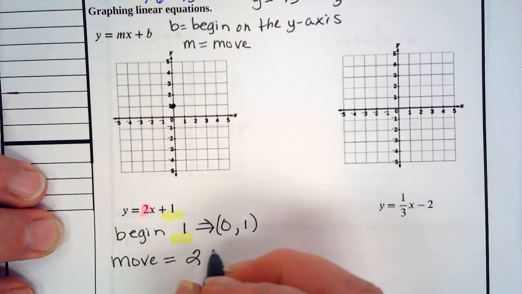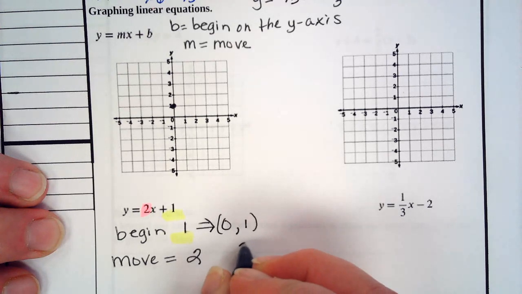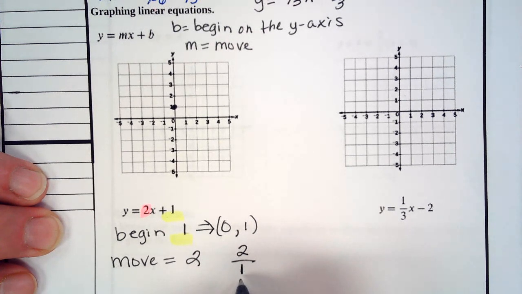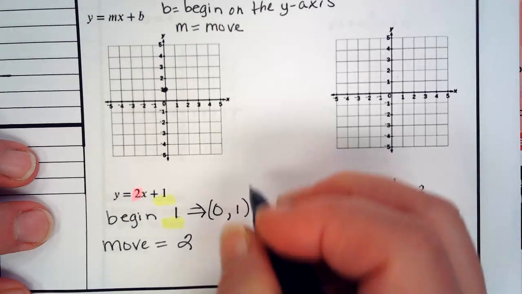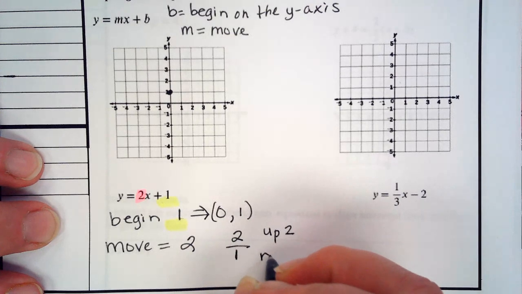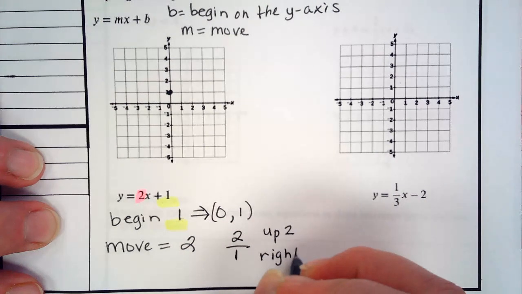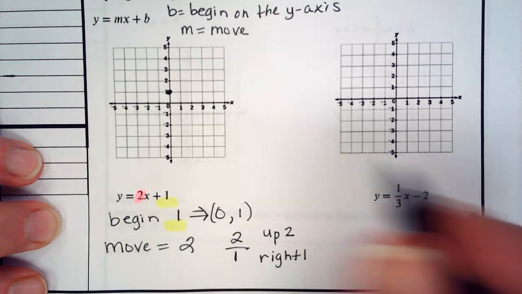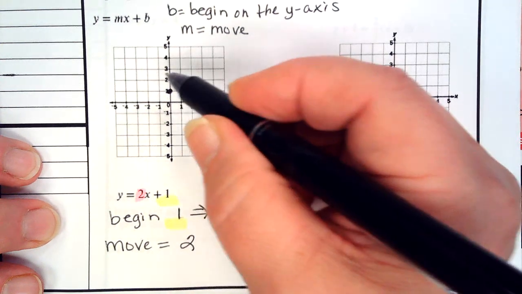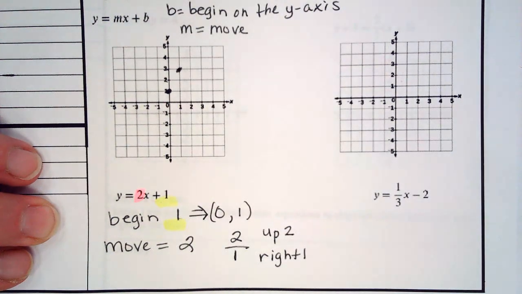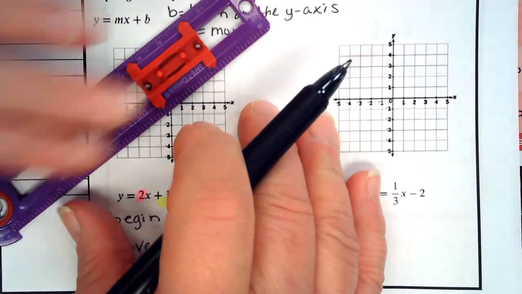Remember, a number is always a fraction that is 2 over 1. It's divided by 1. This tells me I go up 2, right 1, and then I have a second point and I can graph. I start at the first point I had. I go up 1, 2, I go over 1, and now I draw a line and I am done.